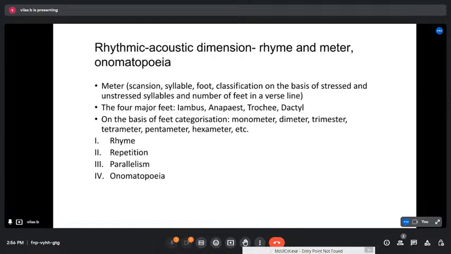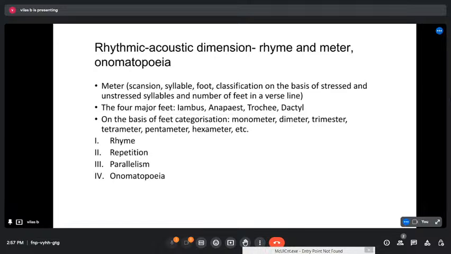Just like iambic tetrameter, iambic pentameter, iambic hexameter, you can divide the line in such a way. The 4 major feet we find are these. These are the major ones; there are several. They are not limited to these, but at the initial stage you have to understand what is meant by iambus.